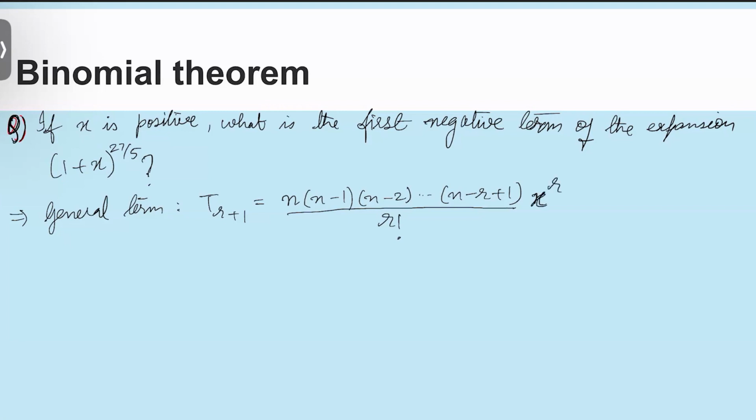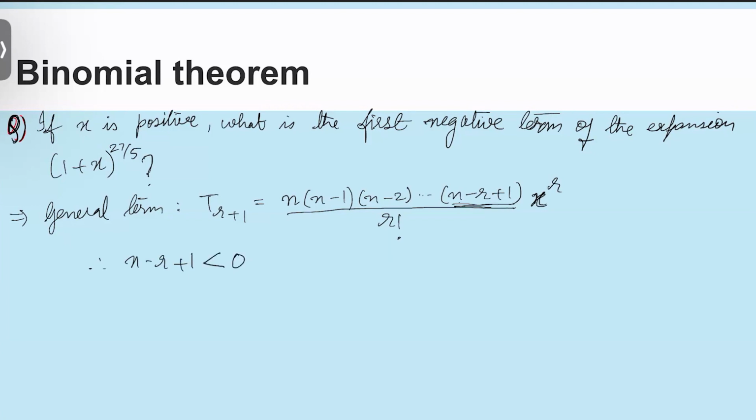Okay, your r is always going to be a whole number, so that is fine. Now over here, when we are talking about x being positive, the first negative term of the expansion will come when this part becomes less than 0. So your n minus r plus 1 would be less than 0.